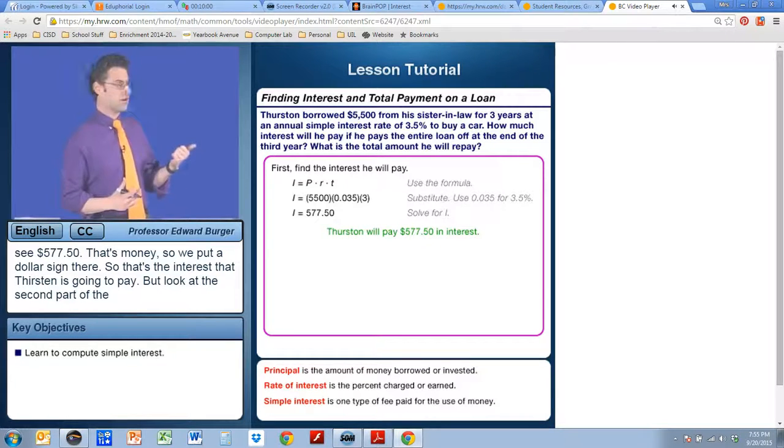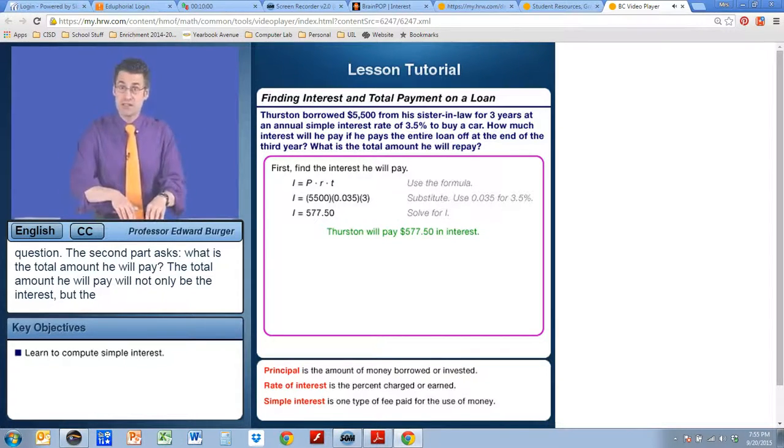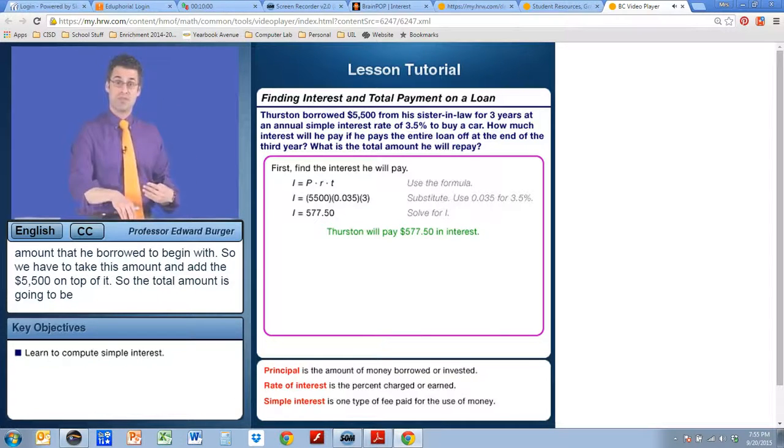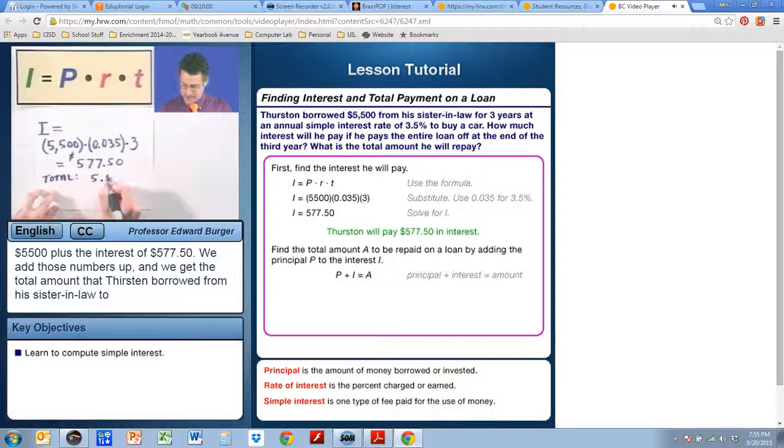But look at the second part of the question. The second question asks, what is the total amount he will pay? Well, the total amount he will pay will not only be the interest, but the amount that he borrowed to begin with. So we have to take this amount and add on top of it the $5,500. So the total amount is going to be $5,500 plus the interest of $577.50.